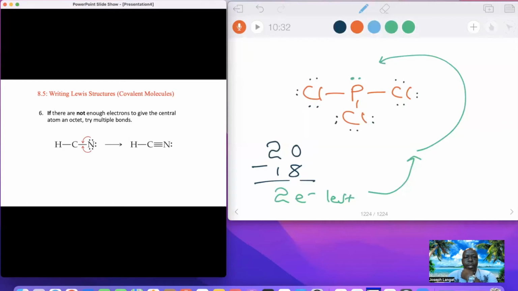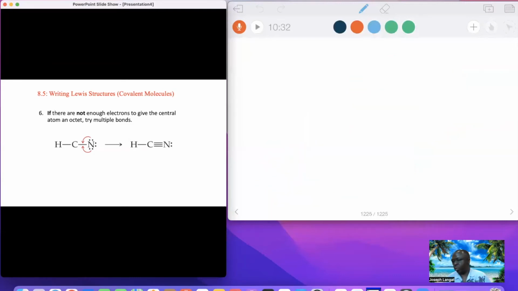Now, in the event that an atom does not satisfy the octet rule, you can bring electrons from the external atom to make a double bond or triple bond. Here is a good example. Please do not just add electrons to satisfy the octet rule.